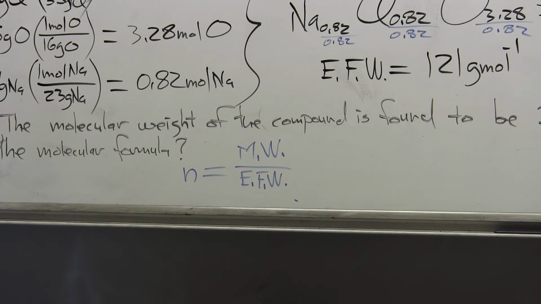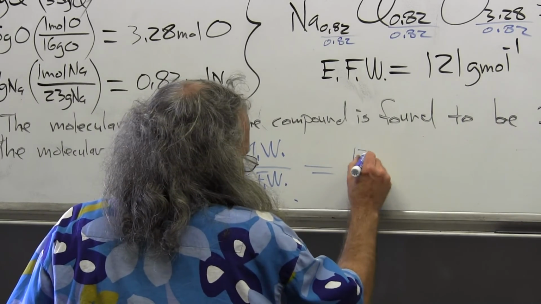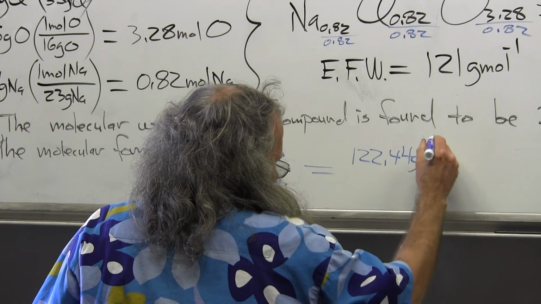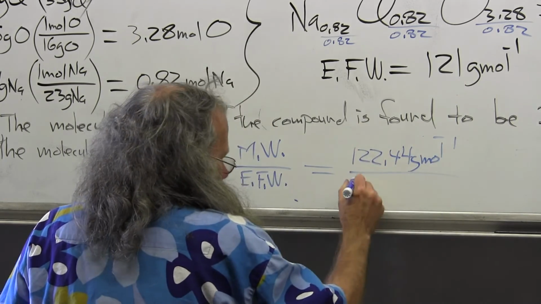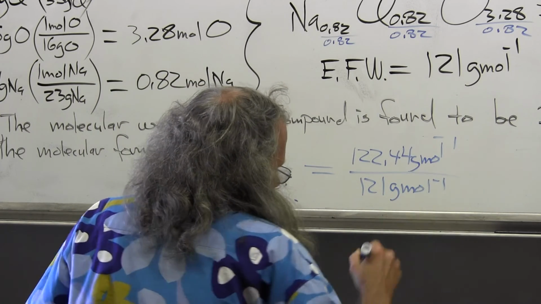And in this case, this is equal to 122.44 grams per mole divided by 121 grams per mole.